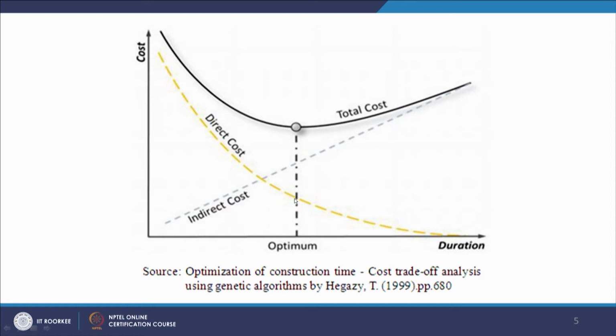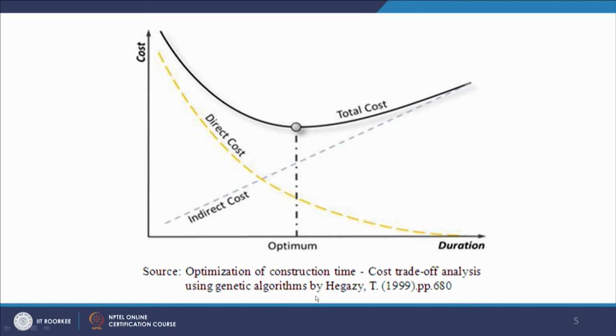You can see the direct cost for normal duration is this much, and if we reduce the duration of the activity, it is going to increase. So we have to focus on our total cost, and wherever our total cost is minimum, that duration we call the optimum duration. So this is the optimization of construction time cost trade-off analysis using genetic algorithms.